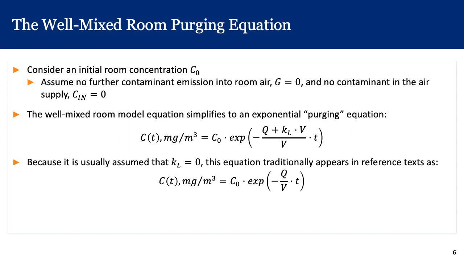And so C of t now reduces to C of 0, which is the initial room concentration, times our exponential decay term, and the constant within parentheses is Q plus KL times V divided by V. And since we are assuming that KL is 0, this equation traditionally appears in textbooks and other references as C of 0 times exponent of minus Q over V times t.